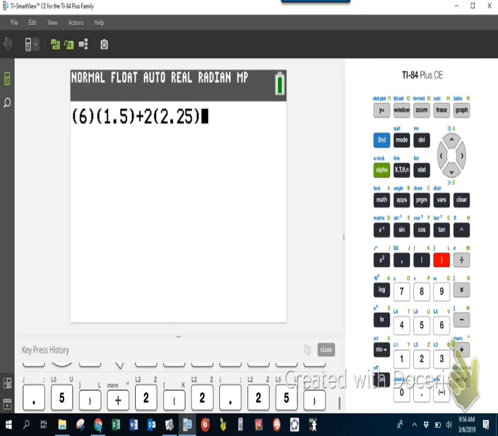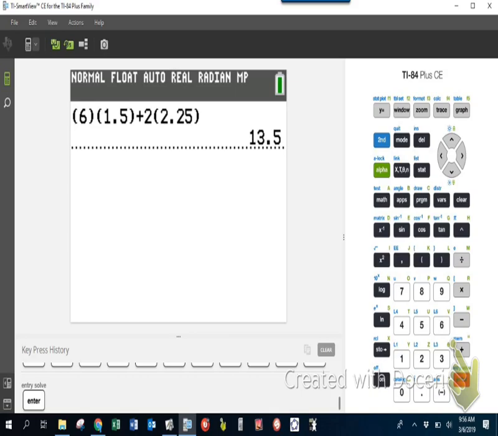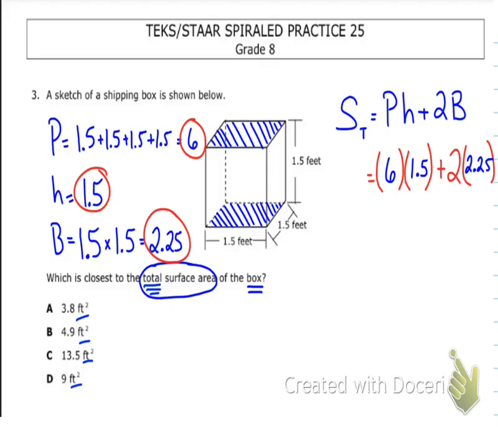And this equation should match the equation I set up. And what's my final answer? 13.5, but don't forget, get used to doing your units squared. So it ends up being C.